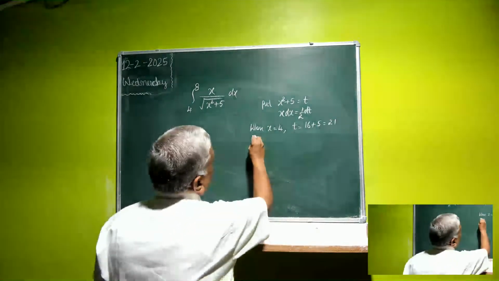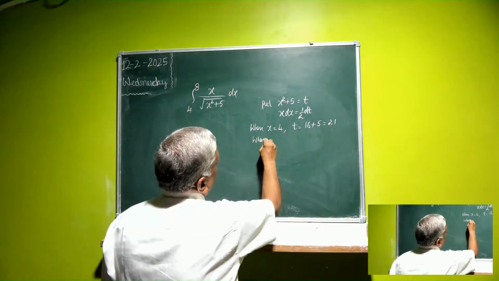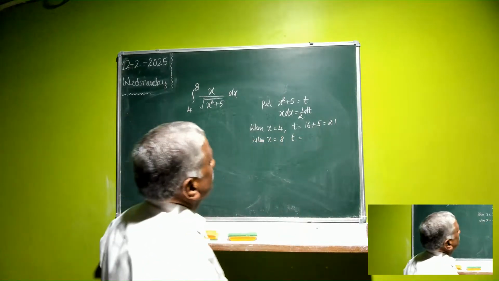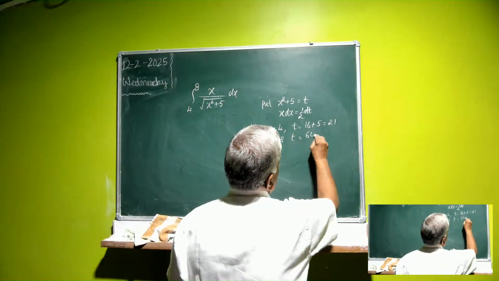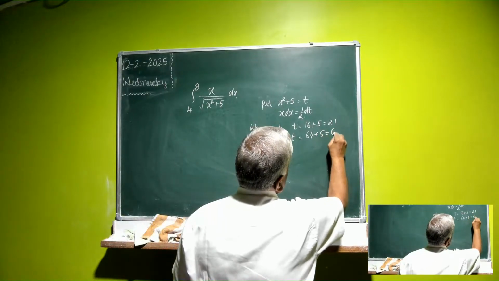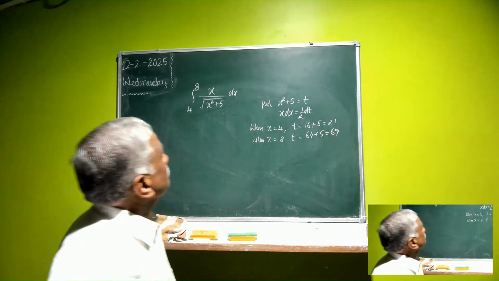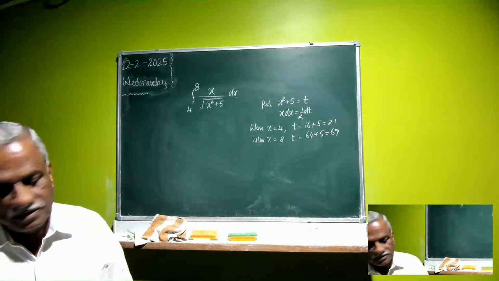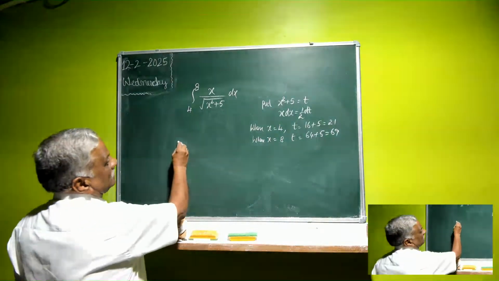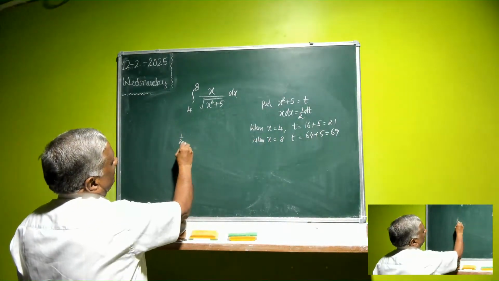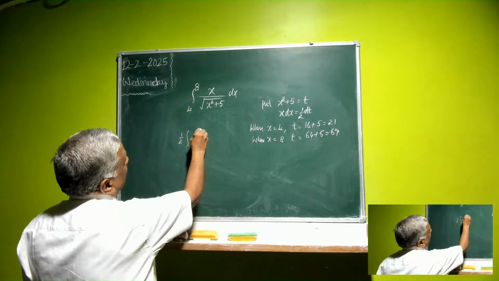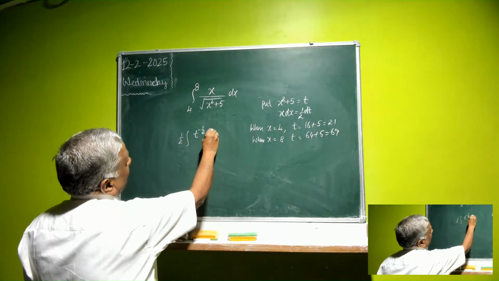When x is equal to 8, t is equal to 64 plus 5, that is 69. So what do you get? This is half outside. You have got dt, and this is t to the power of minus half dt.